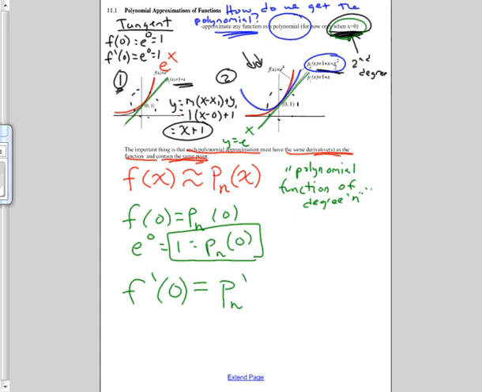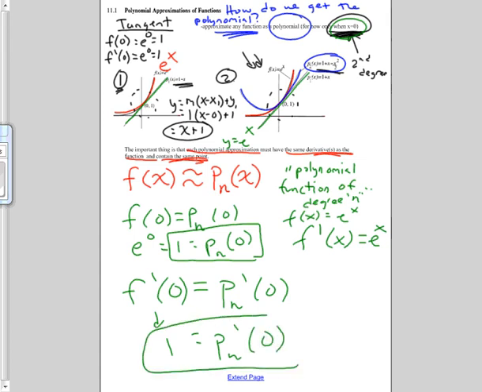Well, we know that if f of x is e to the x, then f prime of x is e to the x. So f prime of 0 is just 1. So we know that the first derivative of my polynomial function at 0 must equal 1.